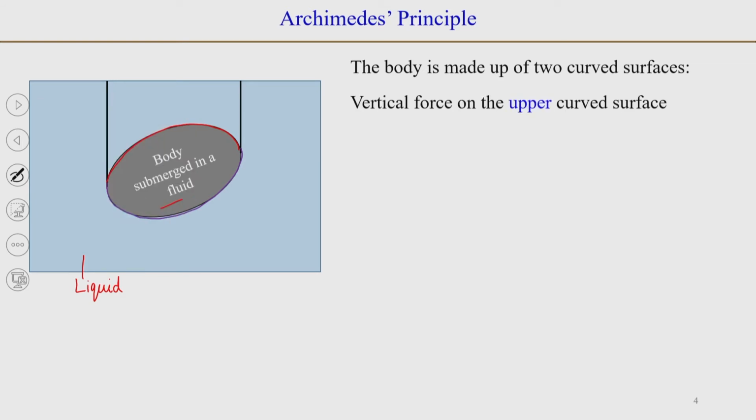So, this can be divided into the upper curved surface. Now, from the previous lectures we know that the vertical force on this submerged upper curved surface will be equal to the weight of the liquid that is above the surface. So, the vertical force on this surface will be acting downwards and will be equal to the weight of the liquid.